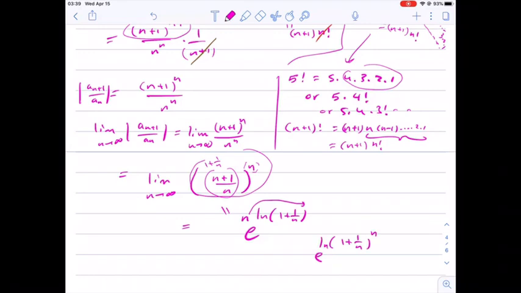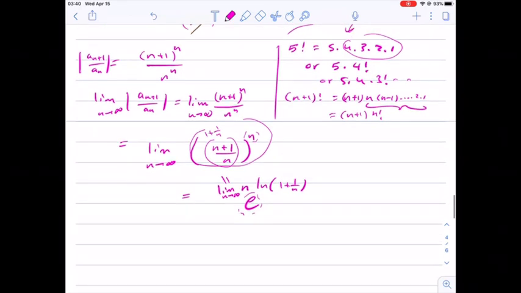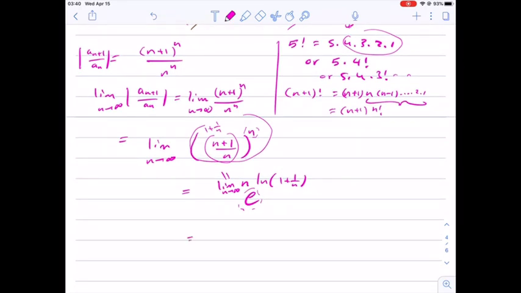It becomes 1 plus 1 over n to the power n. And then you can cancel e with natural log and get that expression. So we take the limit of the exponent because the base is constant.